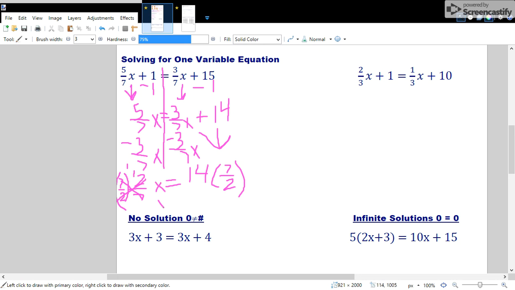So we have 1x equals 14 divided by 2 is 7. And 7 times 7 is 49. 49 is our solution. That is our answer. If you were to plug that back in on both sides for x, you should get a true statement here.